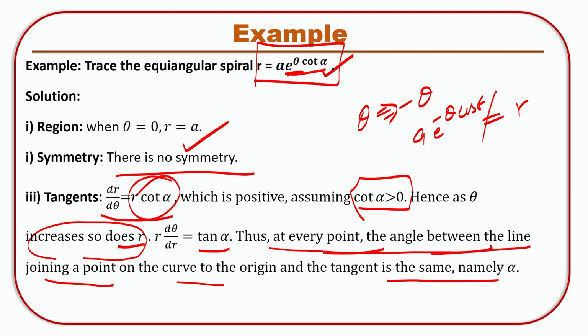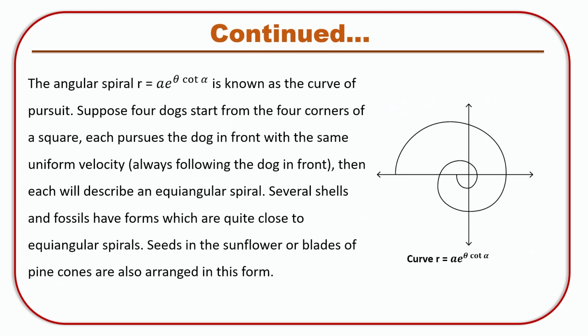Thus, at every point, the angle between the line joining a point on the curve to the origin and the tangent is the same as alpha. So that means it is going to be a spiral.